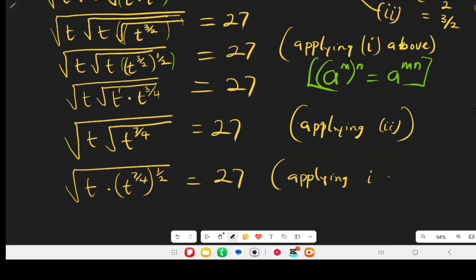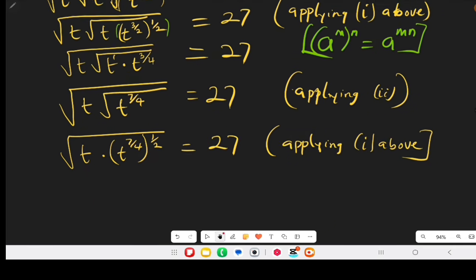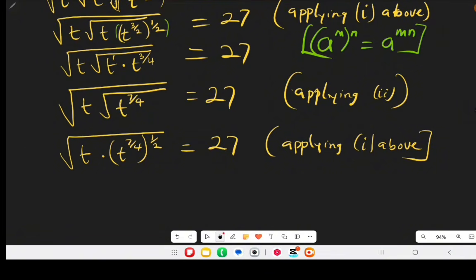Applying I above. Then at this point, we multiply the powers. If we multiply the powers, we are going to have root of t times t raised to the power of 7 times 1 gives us 7 all over 4 times 2 gives us 8, equal to 27. We move further.